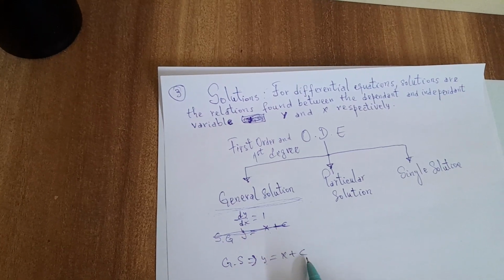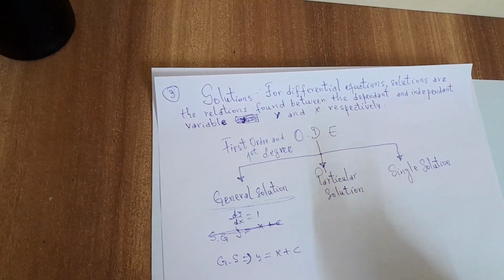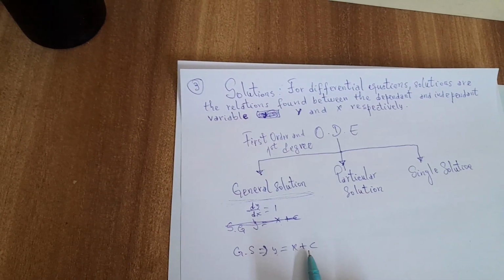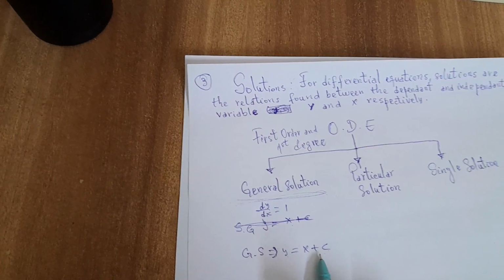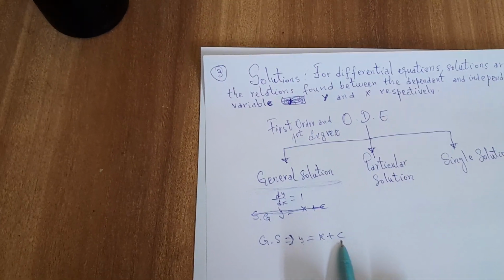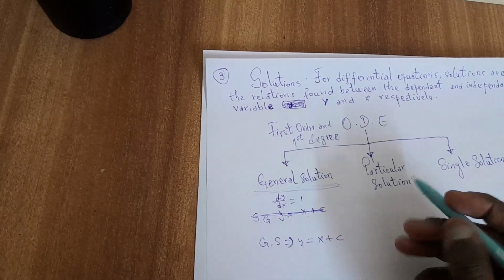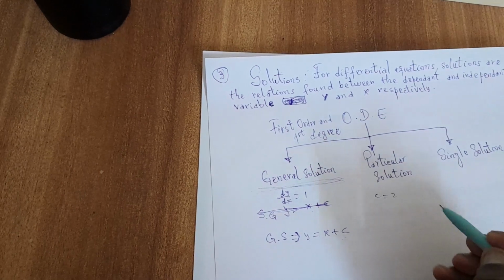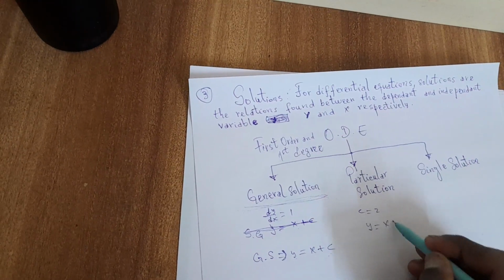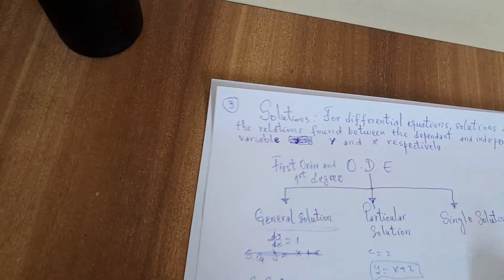It is obtained by giving a particular value to the constant in the general solution. Suppose for c equal to 2, we have the particular solution y is equal to x plus 2, and so on.